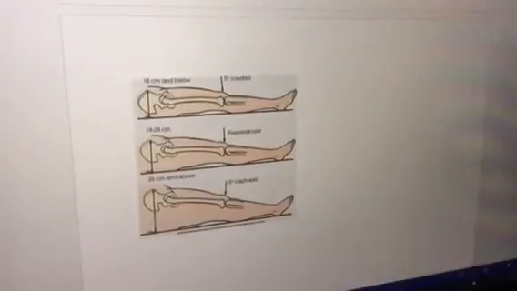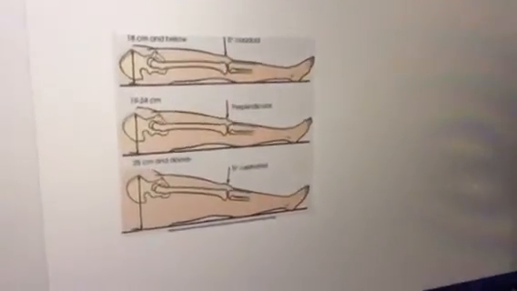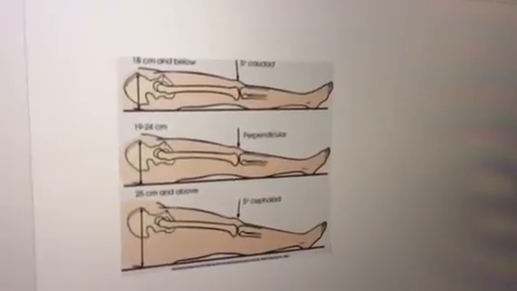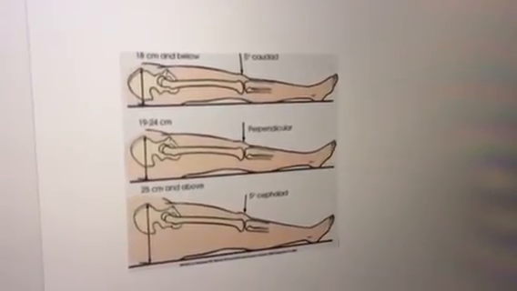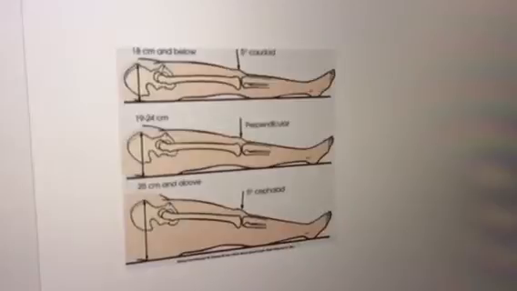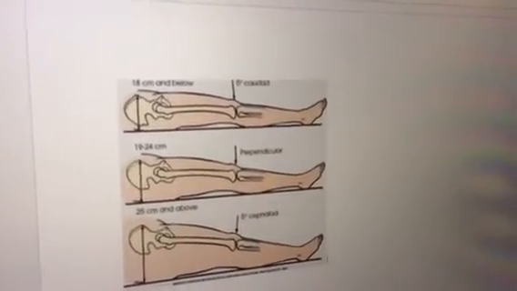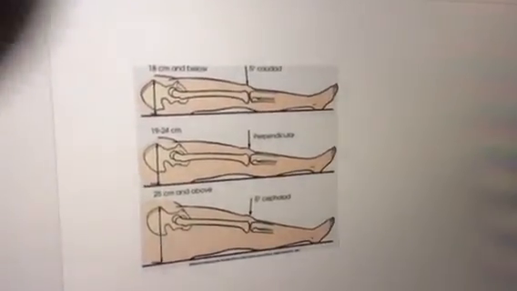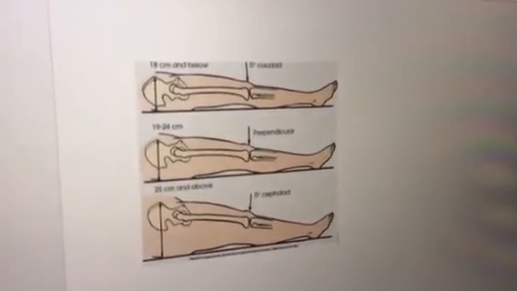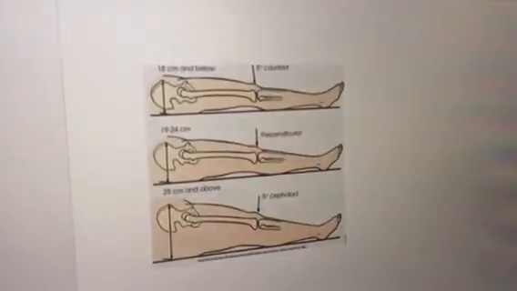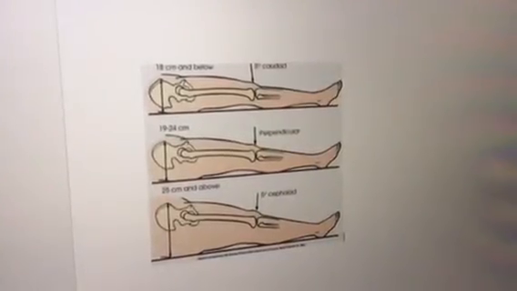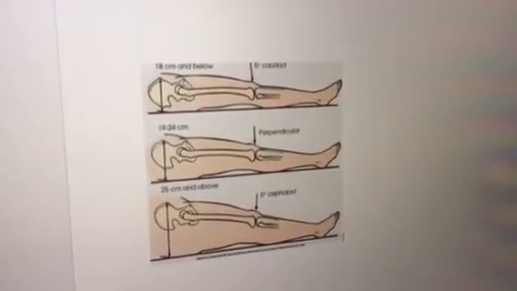So this here is a diagram from Merrill's, and I just wanted to show how we decide what kind of tube angle goes on our tube for the AP projection of the knee, depending on the measurement from the patient's ASIS to the tabletop. As you can see here, 18 centimeters and below gets a 5-degree caudad angle. This is mostly used for children.